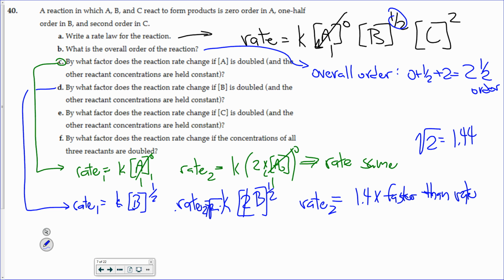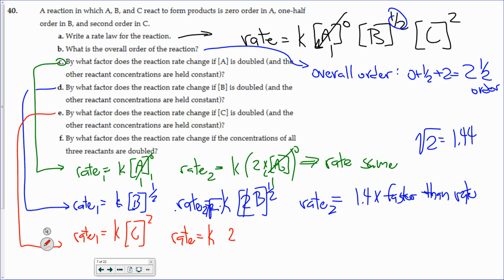All right, so let's look at the comparison for E. E says, what factor would the rate change if C is doubled? On C, compare rate 1, so it'd be the concentration of C, and now it's squared, comparing to rate 2: K times 2C, and square it.